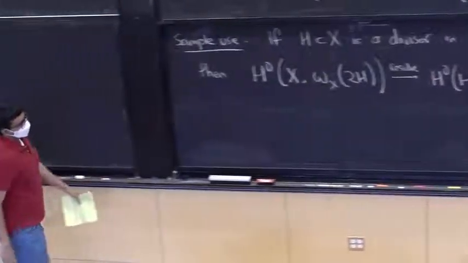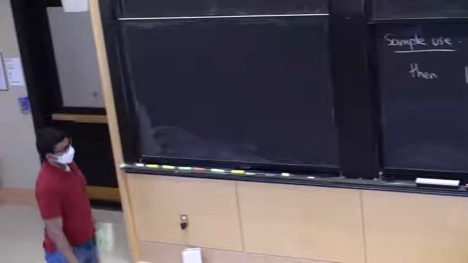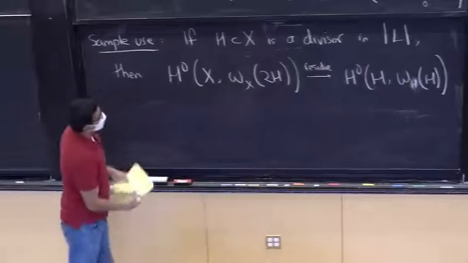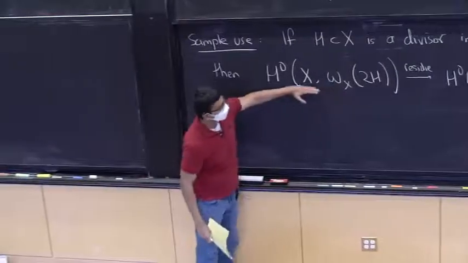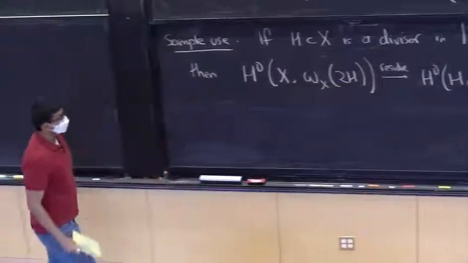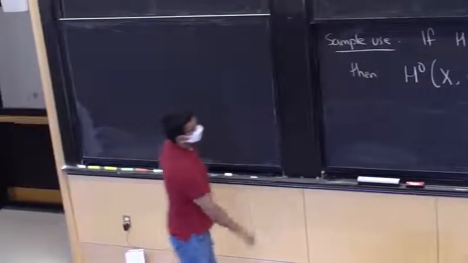So it goes down to omega H, not X. If you squint a little bit, this is going from sections of the canonical bundle on X to sections of the canonical bundle on H with some pole condition. And then the statement that you get out of the theorem is that this is surjective.